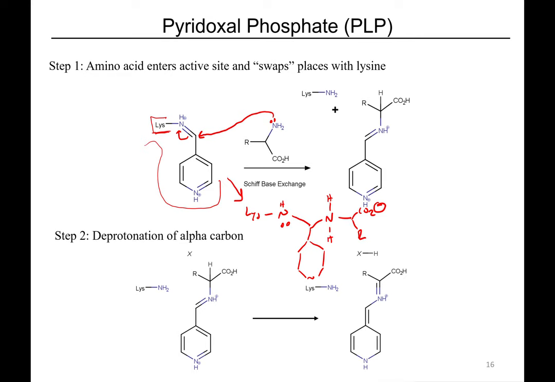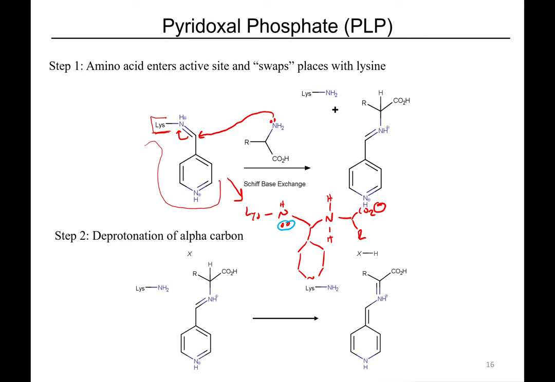What we now need to do is to break this bond and end up with a double bond here. So we want to end up with a pi bond here. Okay? We also want to release the lysine with an NH2, and this nitrogen ends up with just one proton. So the idea here is that the lone pair on this nitrogen will pick up a proton from somewhere.